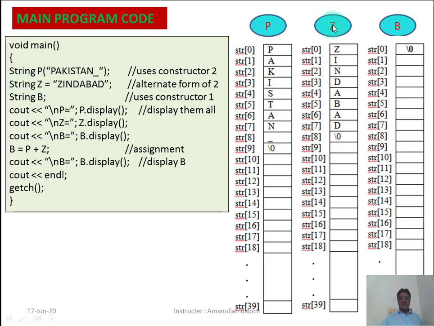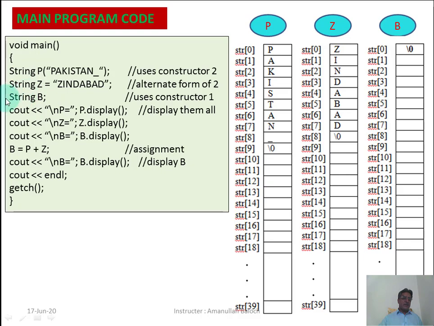So in the Z object there is also the 40-character array str, and it contains Zindabad, because the constructor will receive this value and store it in the memory of the Z object.